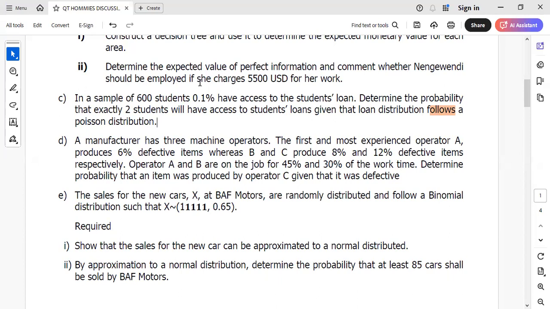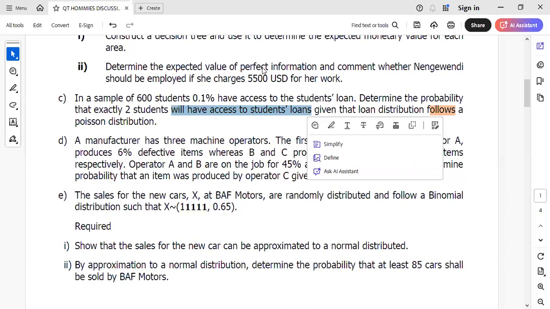Always look at the required part. Is the required part taking you to the students who have access to the loan, or the students who have no access to the loan? Please always look at the required part. This is the probability that exactly 2 students will have access to the student's loan.